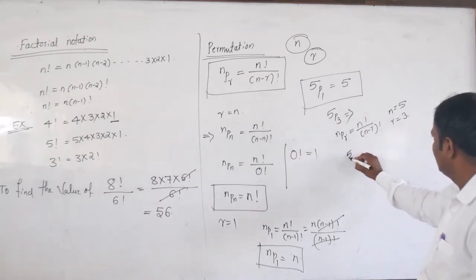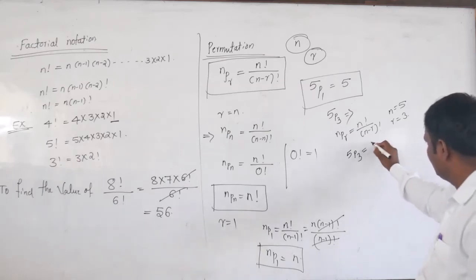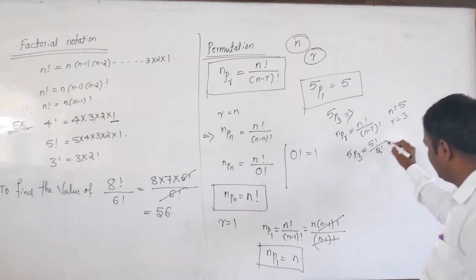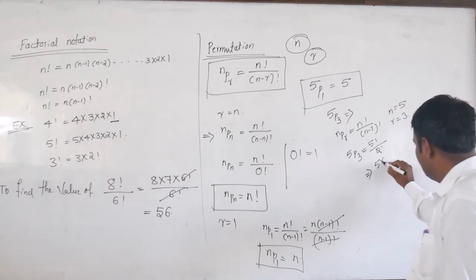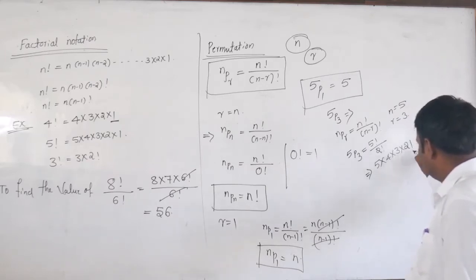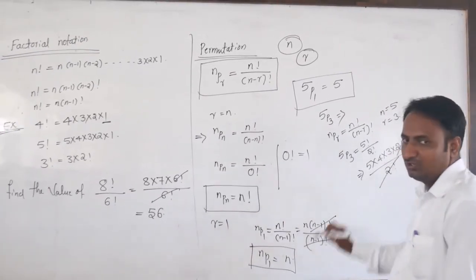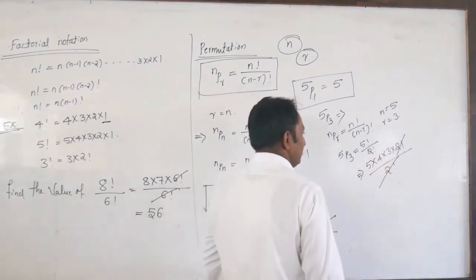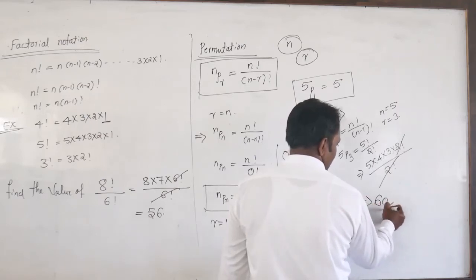Substituting, 5P3 is equal to 5 factorial divided by (5 minus 3) factorial, that is 2 factorial. That implies 5 into 4 into 3 into 2 factorial divided by 2 factorial. We can cancel 2 factorial, 5 into 4 is 20, 20 into 3 is 60, which is our answer.